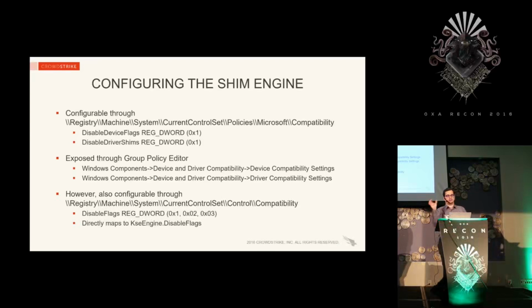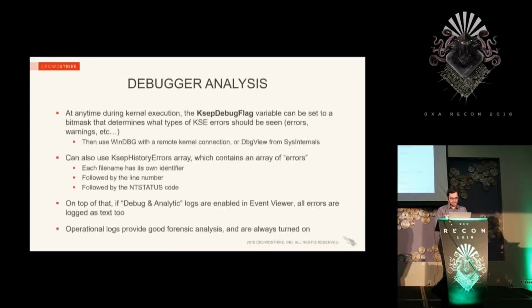Then there's a secondary registry key, which is in current control set control compatibility, which for your system, you can use disable flags. And disable flags 1 means you're disabling driver shims. Disable flags 2 means you're disabling device shims. And both of them together, aka 3, means you're disabling both kinds of shims. Now from the debugger, there's a variable called ksep debug flag.